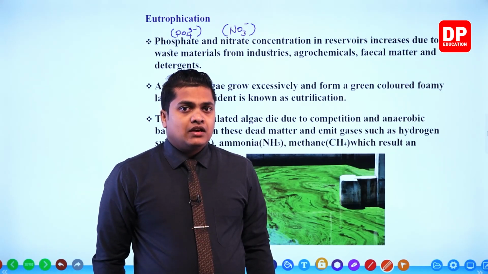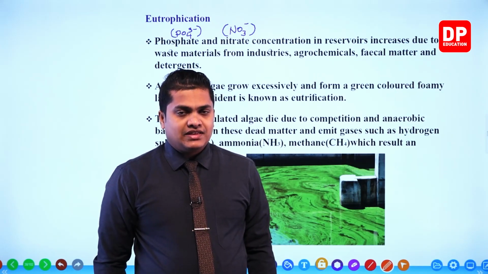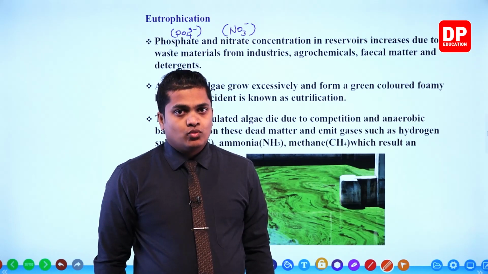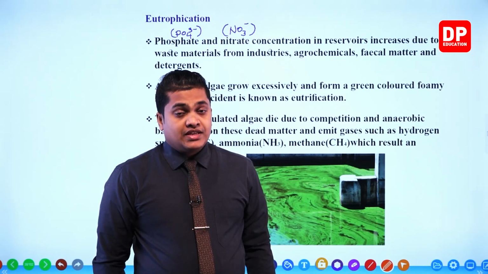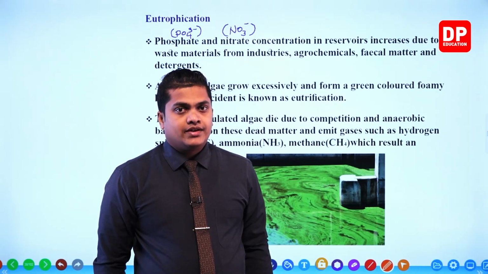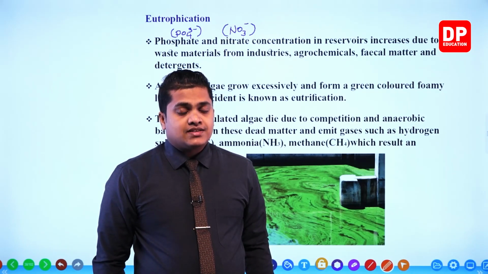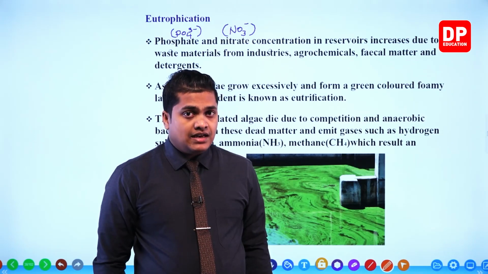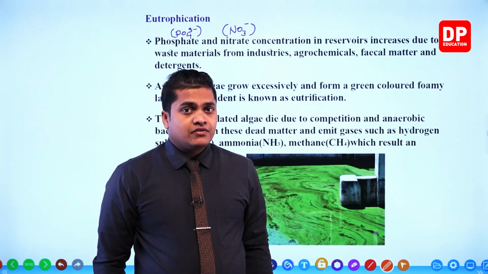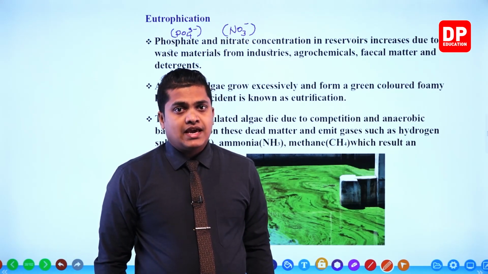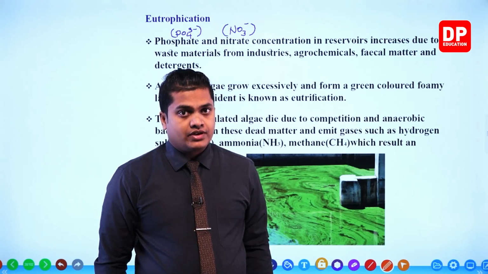So algae will grow excessively within these reservoirs or within this water. Then what will happen? Then, my dear children, because of the growth of excessive algae, the competition for favorable factors among the algae population will increase.